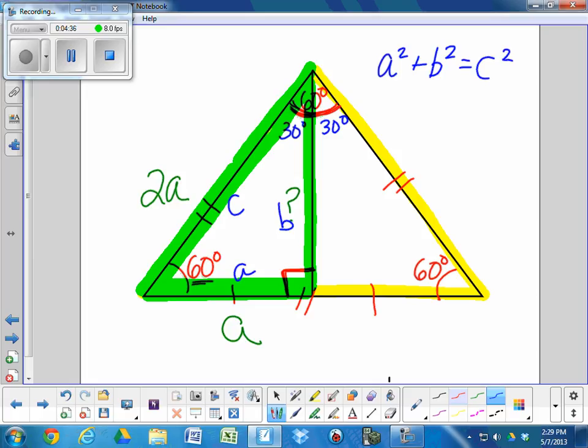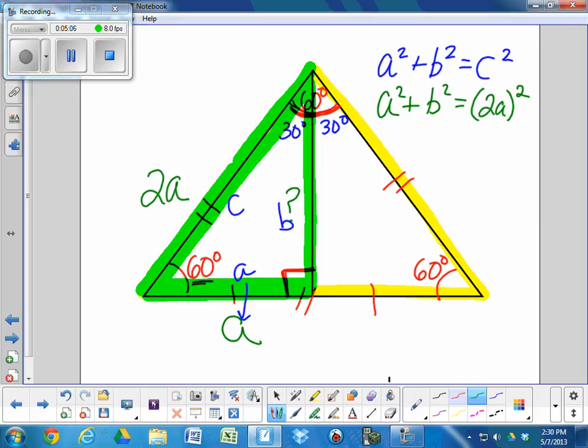A squared plus B squared is C squared. This is one of the things that people just seem to know. So in this problem, what are we calling A? A. What are we calling C? 2A. And we're going to leave B as B.